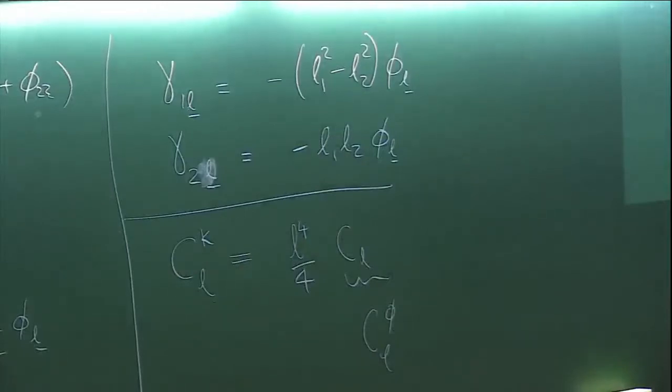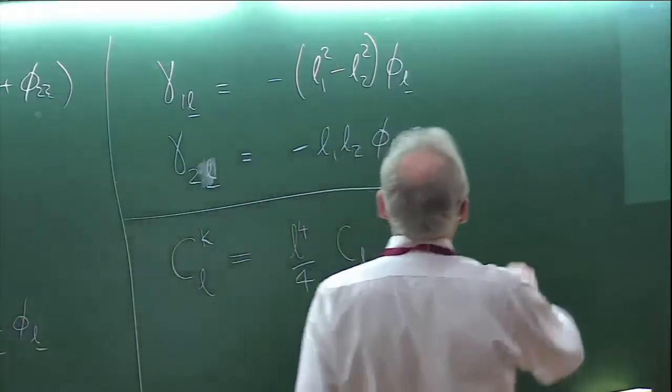And this is basically a basic object that gets predicted by theory, and that will be used to relate to observation. But let's have a look also at the shear terms.